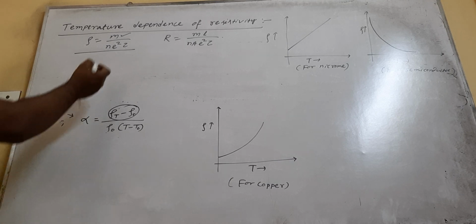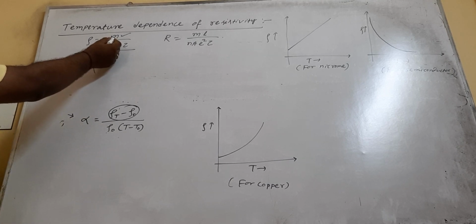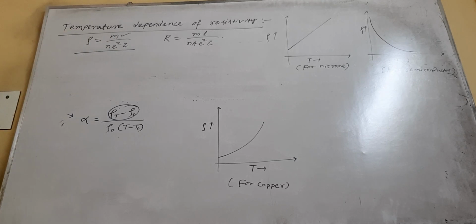For a conductor, the mass of the electron and the charge of the electron are constant.